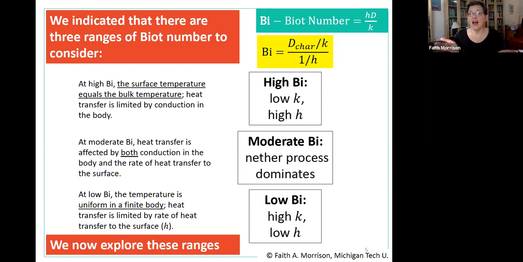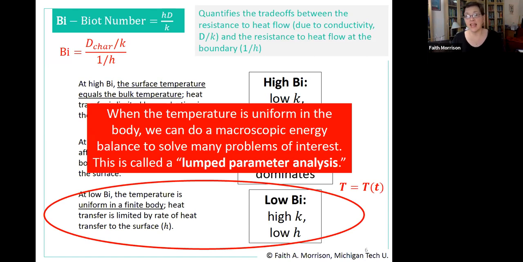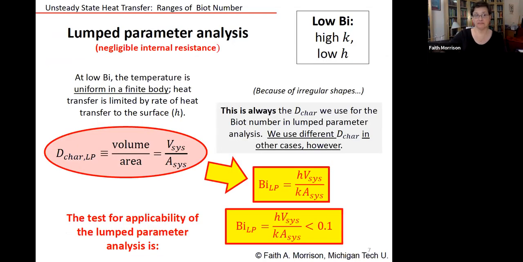The case where the resistance to internal heat transfer is high, the case where the resistance to external is high and dominant, and the case where you can't say that either one dominates. So we're going to talk about the case where we have a low Biot number, which is the case where there's very little resistance inside the object.